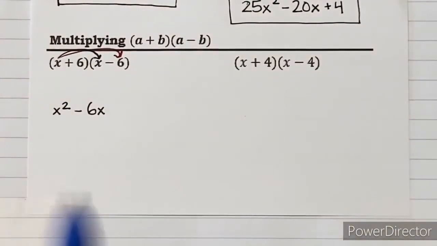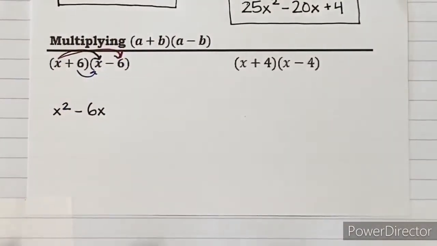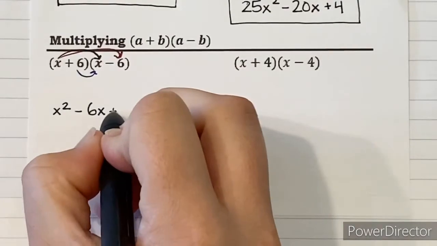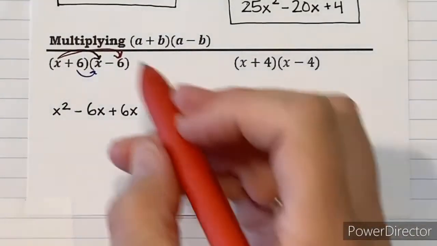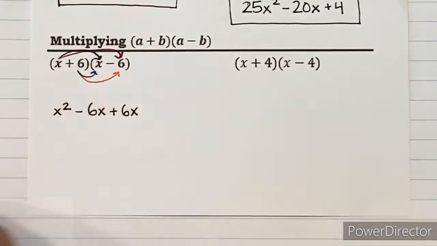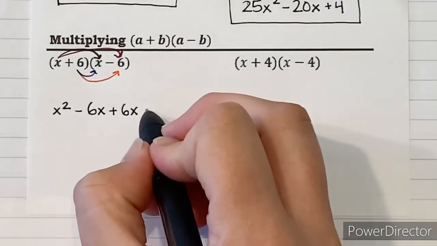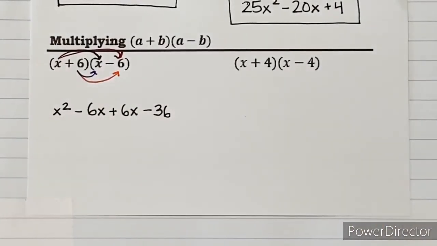Then we have I, which is the inner terms. So that's 6 times x. So that one's positive 6x. And then L is last terms, and that's 6 times negative 6, which is minus 36.